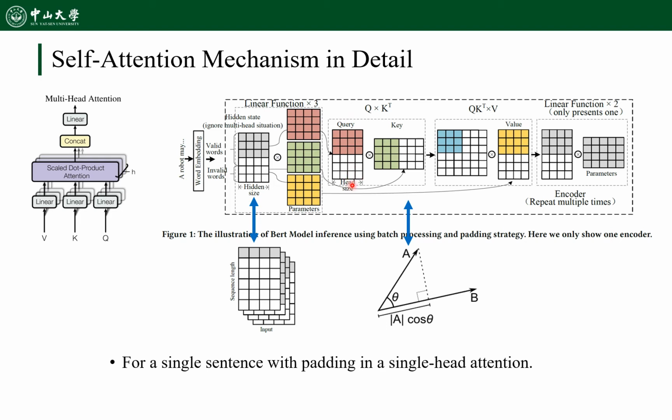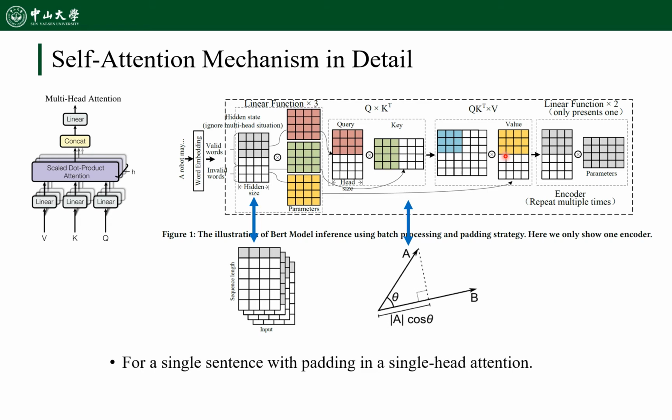Here, each value of the resulting square matrix can represent the relationship between two words. Then the square matrix will be dot multiplied with the value matrix to record this relationship, and this process is called QKV. Then the result will be sent to linear layers.